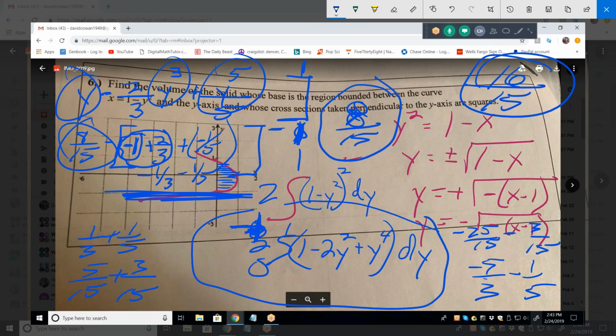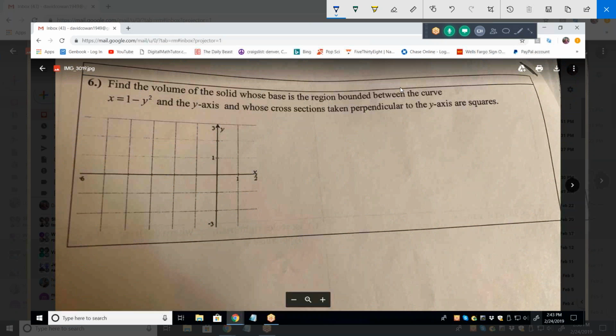Oh, so if I'm doing a problem like this with cross sections, and it's like, say, semicircles, then instead of using the equation for a square, you just use the equation for a semicircle, like 1/2 pi r squared, and plug that in. There's the area of a square.